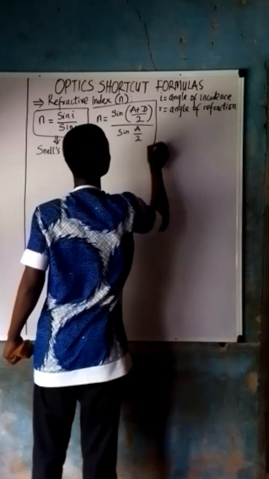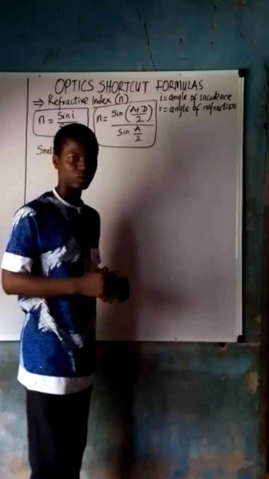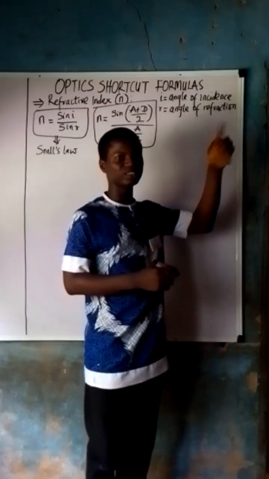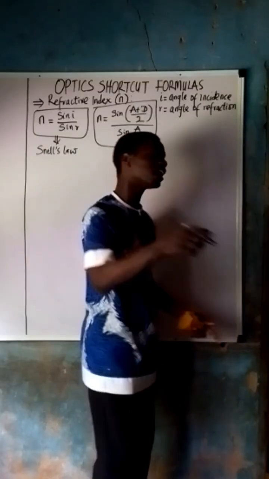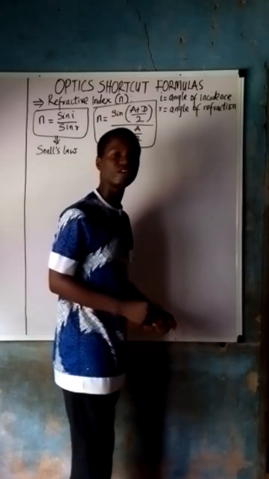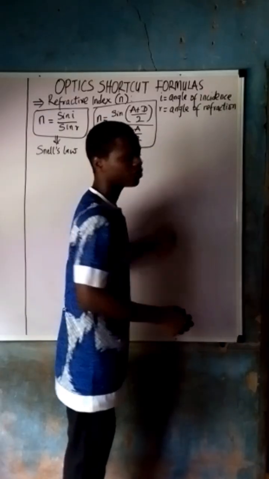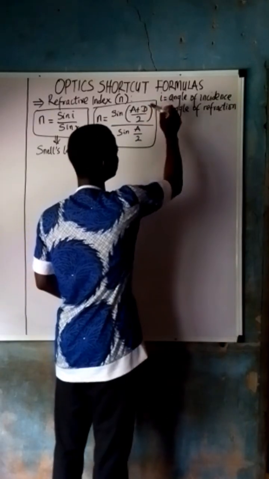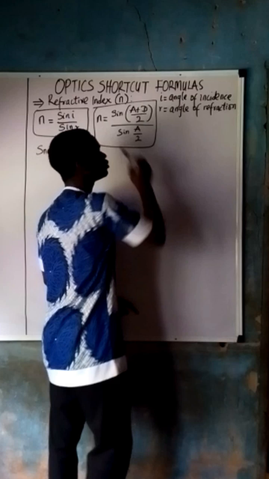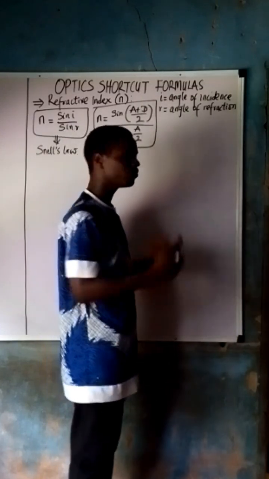A plus D divided by 2, take the sine of that value. A divided by 2, take the sine of that value. The value from the first will be divided by the second, and that will give you your refractive index.